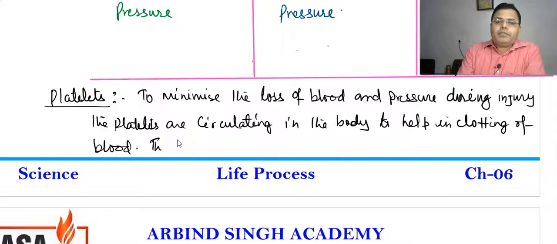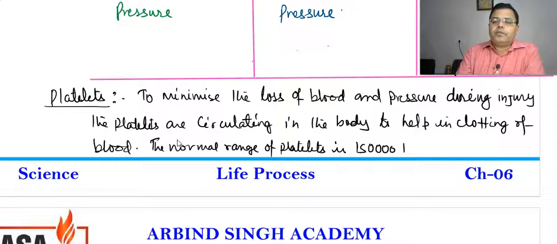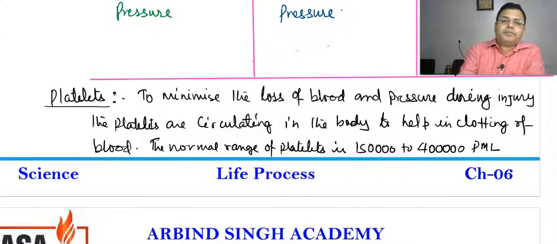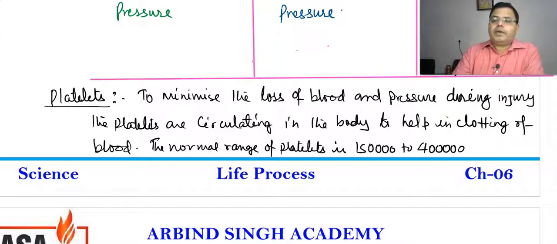The normal range of platelets is 1,50,000 to 4 lakhs per microliter.